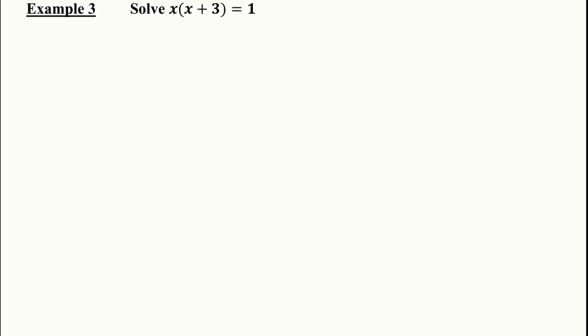Here's another quadratic in disguise, because it doesn't seem that way yet, but once we distribute it, we end up with x squared plus 3x equals 1. Now notice that with this equation, the method of factoring does not seem possible, so just for review purposes, we will go ahead and apply the quadratic formula here.